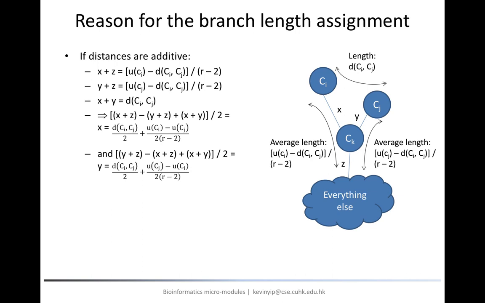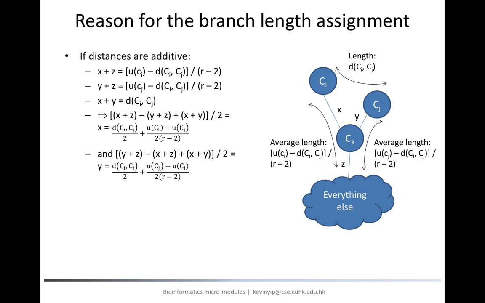First, x plus z should be the average distance between x and other clusters not including Cj. Therefore, it should be UCi minus dCi_Cj divided by R minus 2. This division of R minus 2 is because not including Ci and Cj, there are R minus 2 other clusters. In the same way, we can set up an equation for y plus z.